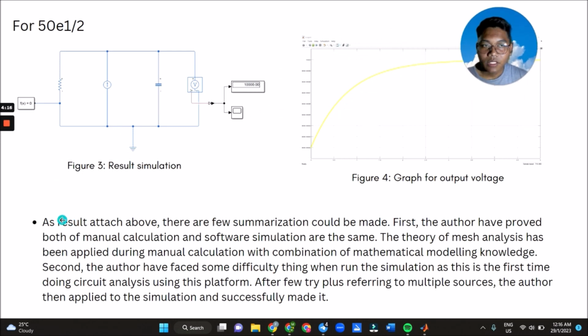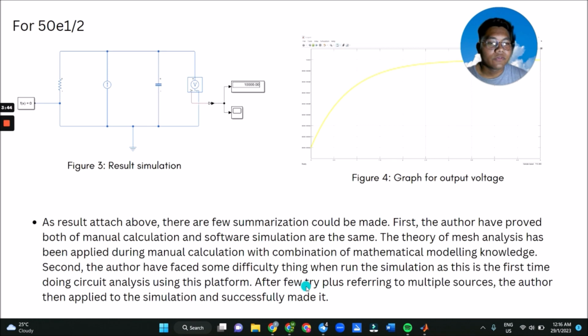As for the above results, a few summarizations can be made. First, the author has proved that the manual calculation and the software simulation are the same, and the theory of mesh analysis was applied during the manual calculations, combined with mathematical modeling knowledge. Second, the author faced some difficulty running the simulations, as this is the first time doing circuit analysis using this platform.